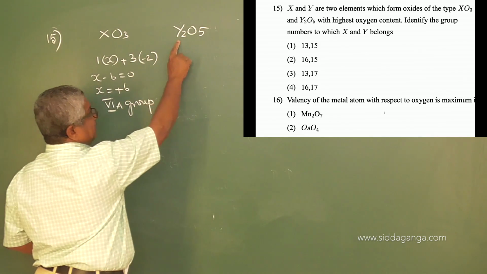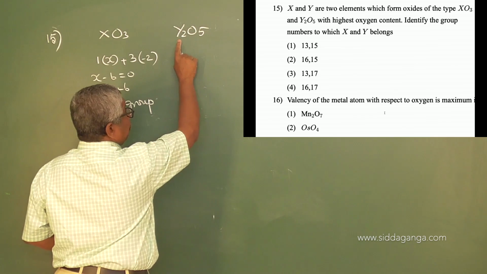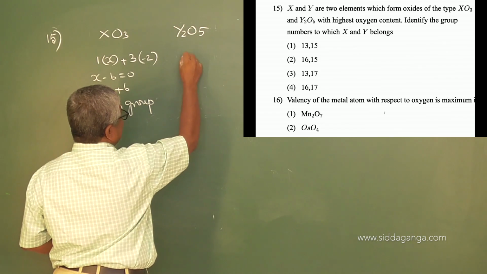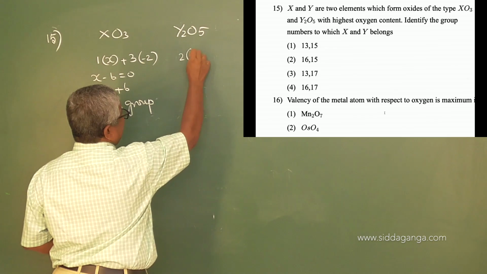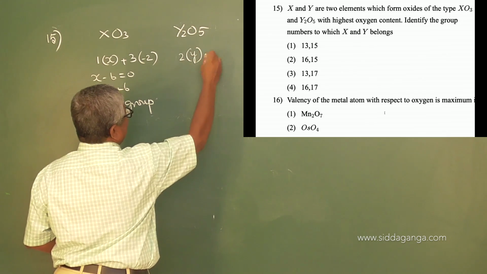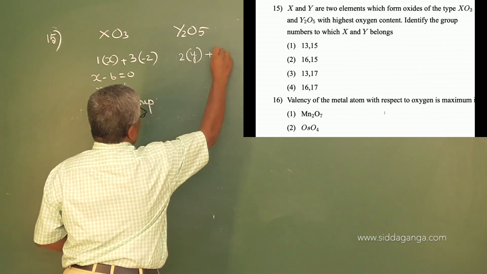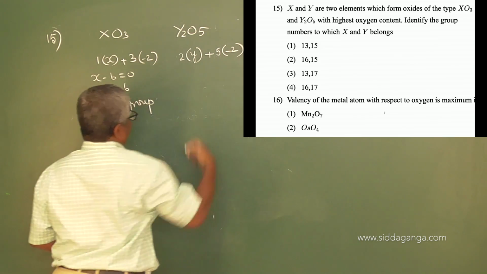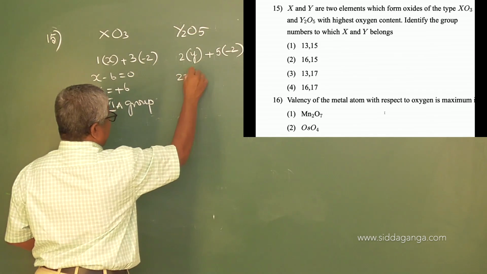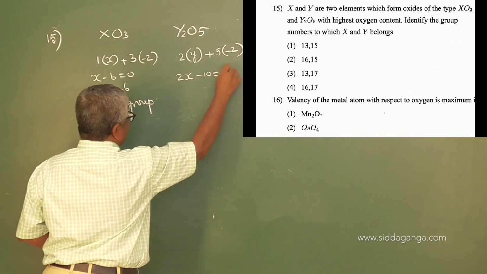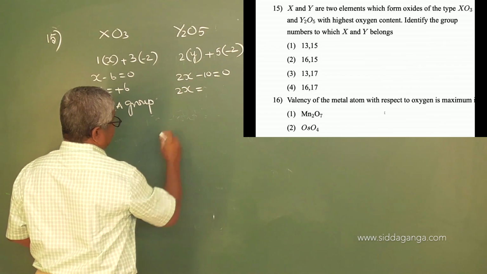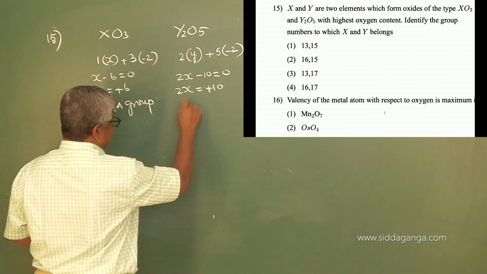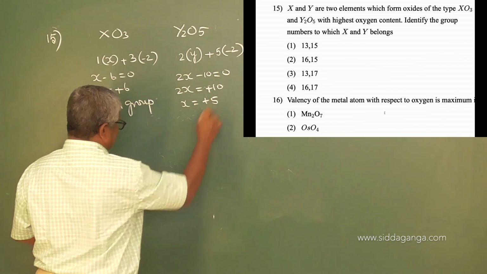Now calculate it for Y2O5. 2 Y is available, plus 5 into -2. So 2Y minus 10 is equal to 0. 2Y is equal to +10. Y is equal to +5.